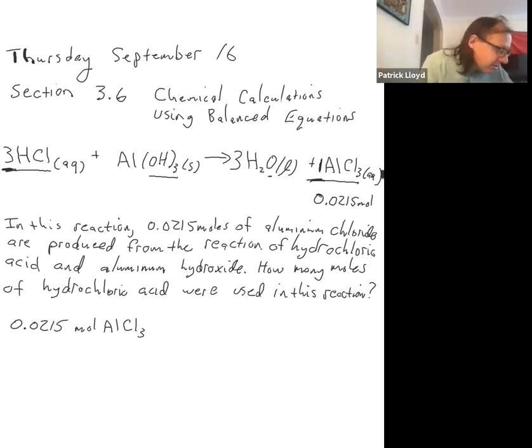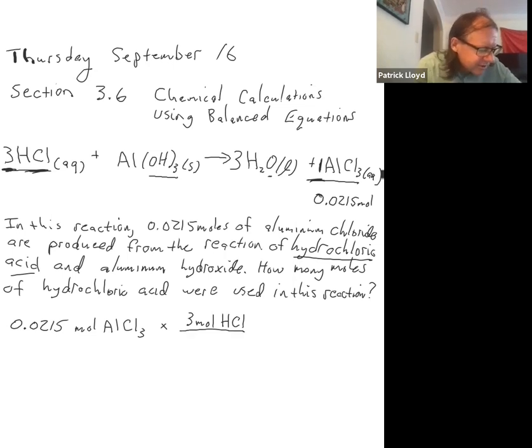We then look and see, well, what is it they're asking? They're asking for the hydrochloric acid. That's over here. So we put that one in the top, in the numerator. So 3 moles of HCl for every 1 mole of aluminum chloride.